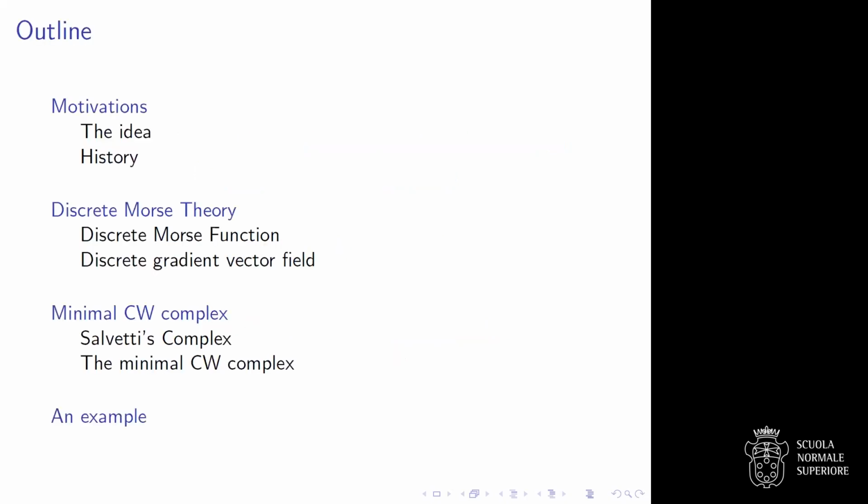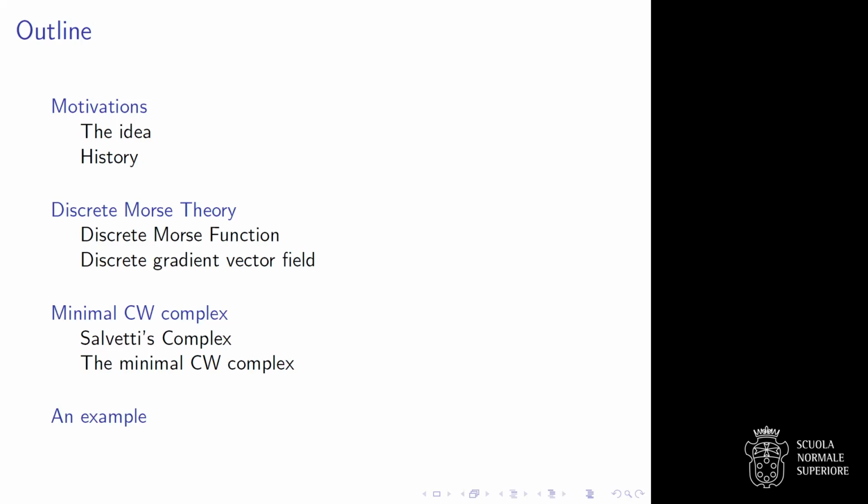Of course, I will start with the motivations we had at that time for this construction and some basic facts on discrete Morse theory that you probably know. But this will be embedded in our construction.